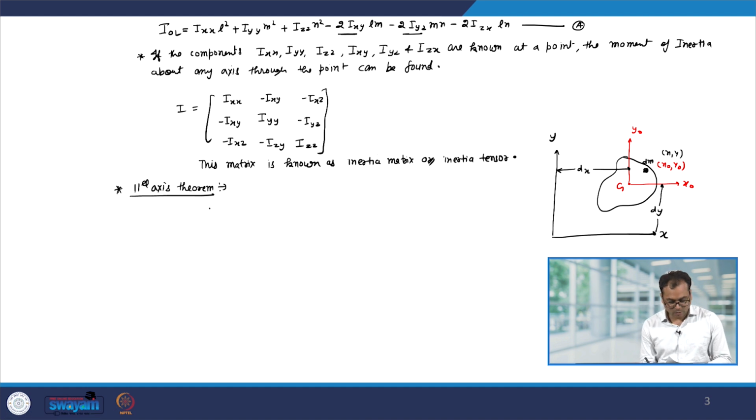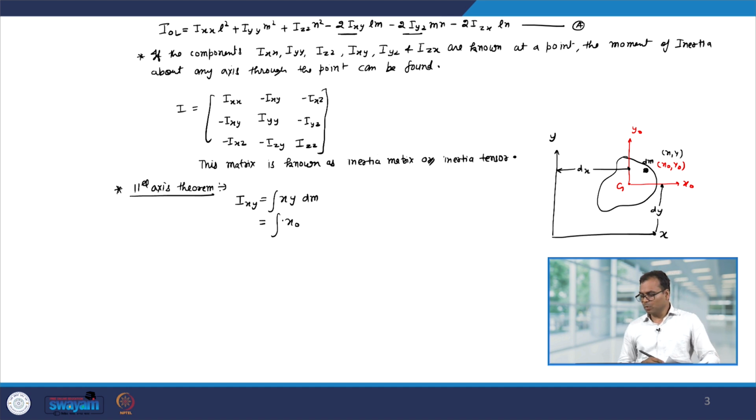Now, the product of inertia Ixy will be integral x y dm, and this I can write down as integral x is equal to x naught plus dx. Okay. Similarly, y equal to y naught plus dy and dm.